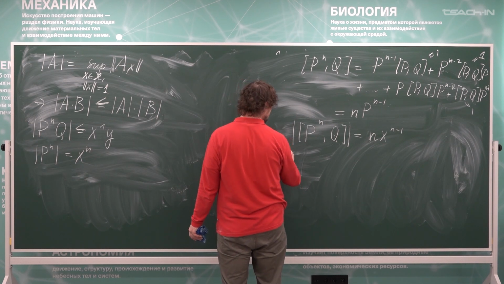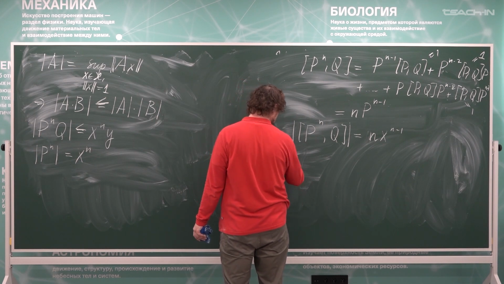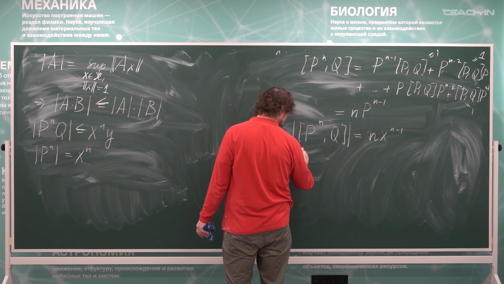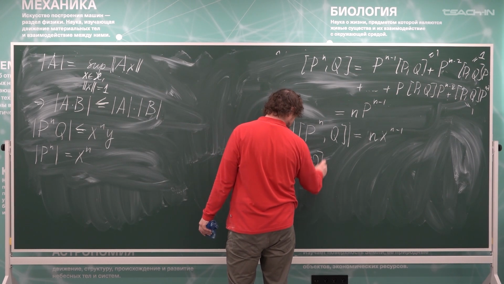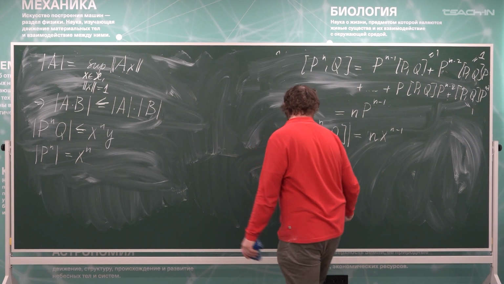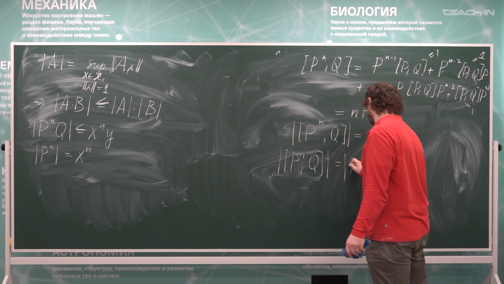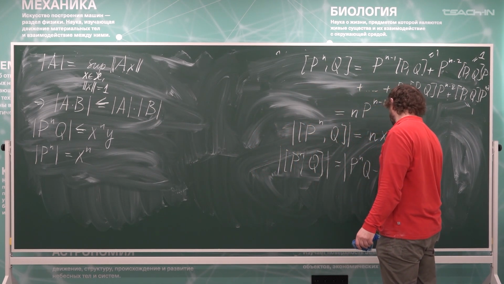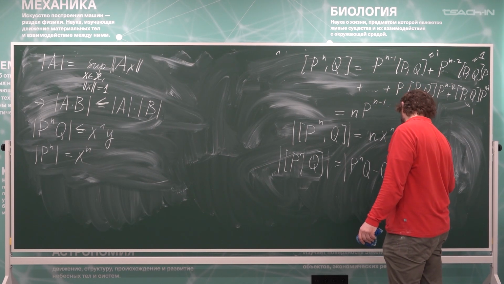On the other hand, the norm of this commutator can be estimated in some other way. Namely, it is equal to the difference p^n q minus q p^n.